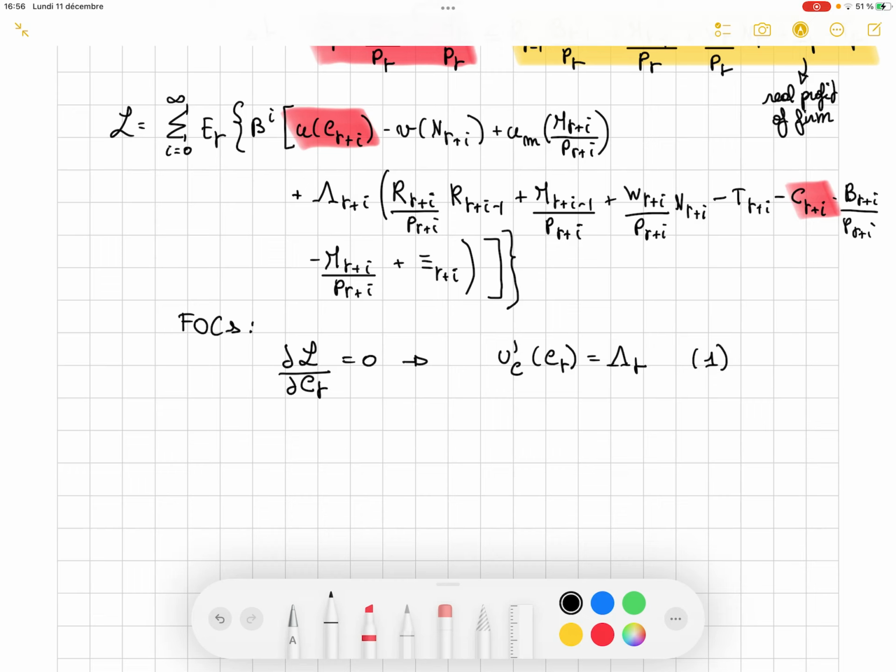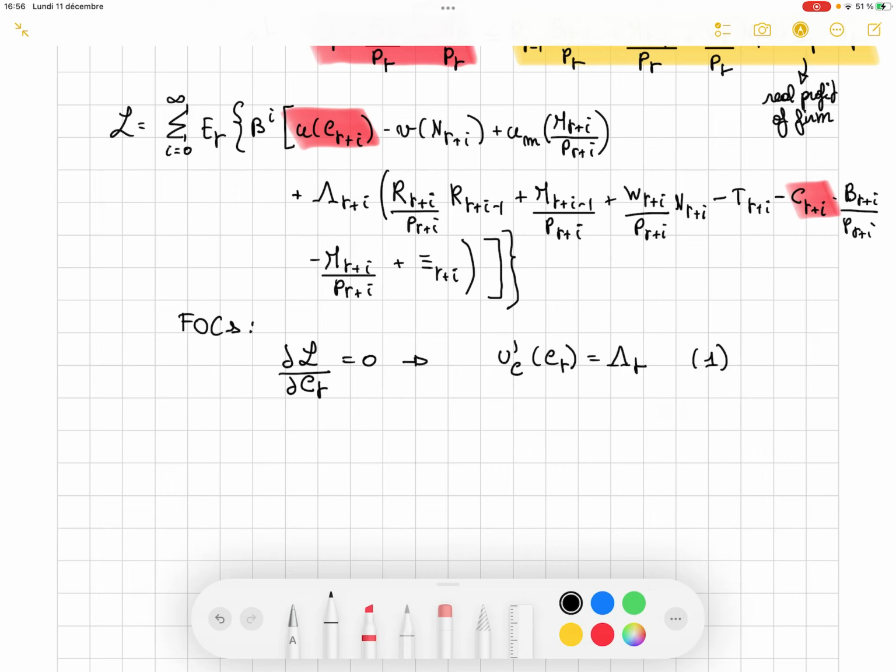We know that the Lagrangian parameter must be equal to the marginal utility of consumption, which is quite logical when you think about it, because what is the Lagrangian parameter in an optimization problem? It is how your optimized function changes if you relax your constraint by 1 unit.